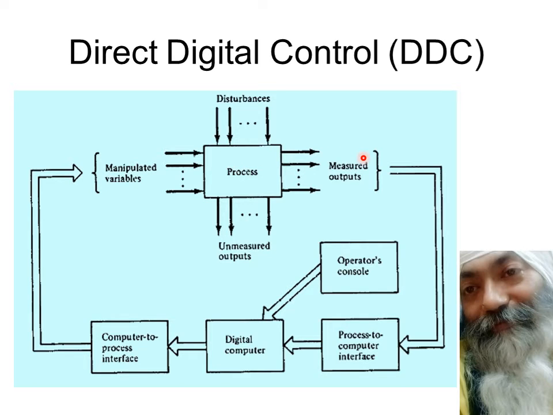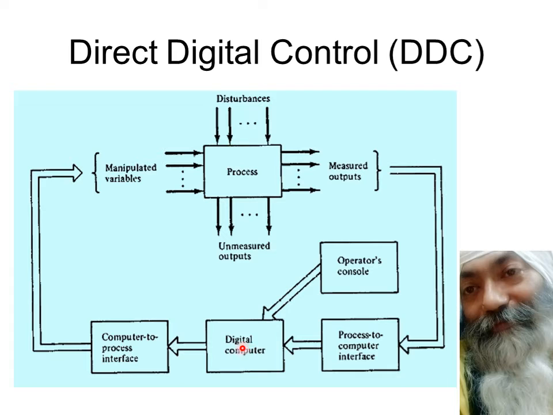These measured outputs, in whatsoever form they are, in analog form, voltage or current, are first converted using some computer interface, normally A to D converters or other signal conditioning units, so that the outputs available from the process can be made available to the digital computer.